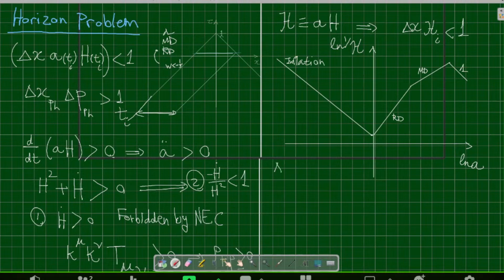So delta x, as you can see geometrically from this diagram, is just twice delta tau between today and the time of recombination. We can compute it exactly or approximately. Exact computation, you can do as an exercise. Approximately, this goes as 1/H0.